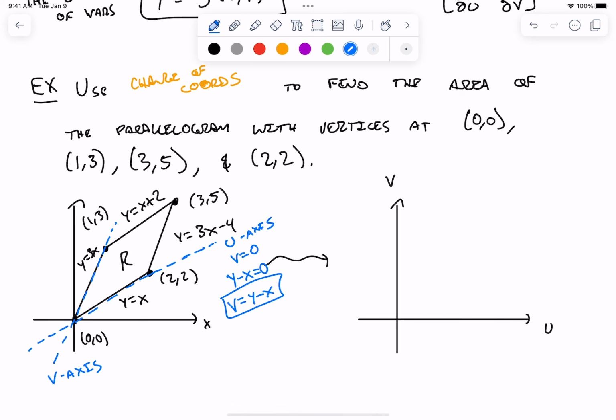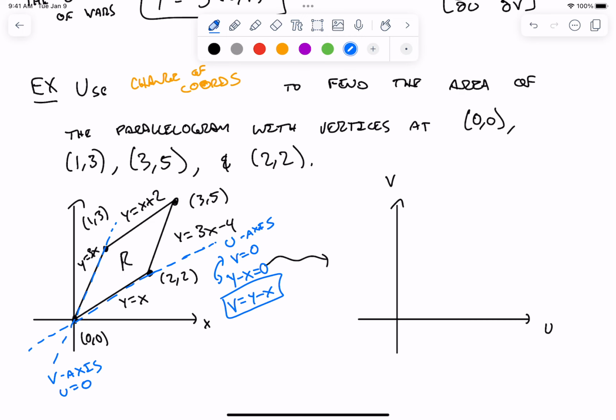I'm just lining those two ideas up: along the u-axis, v equals 0, just like on the x-axis, y equals 0. And what else is 0 along that axis in terms of x and y? Well, y minus x is 0. So maybe v equals y minus x. That might be a good relationship.